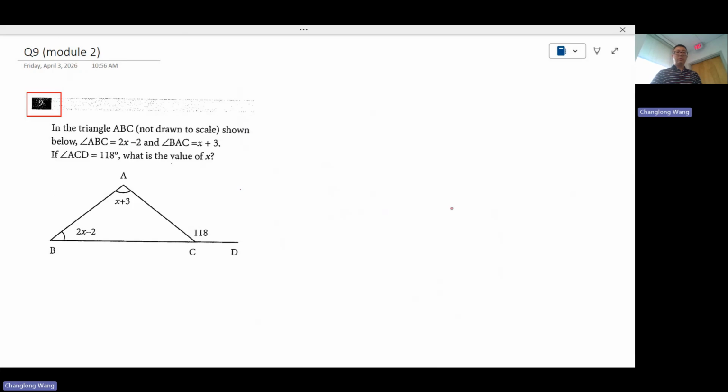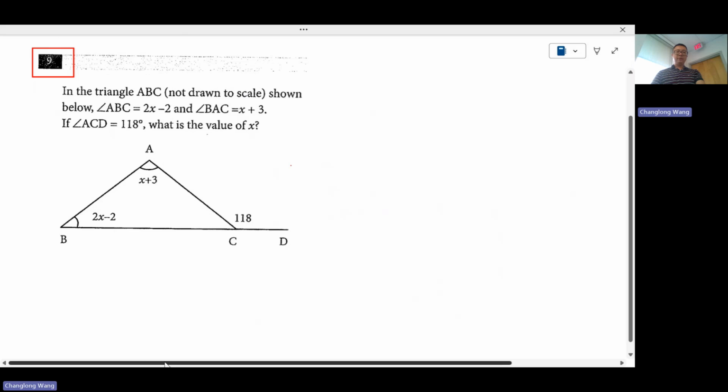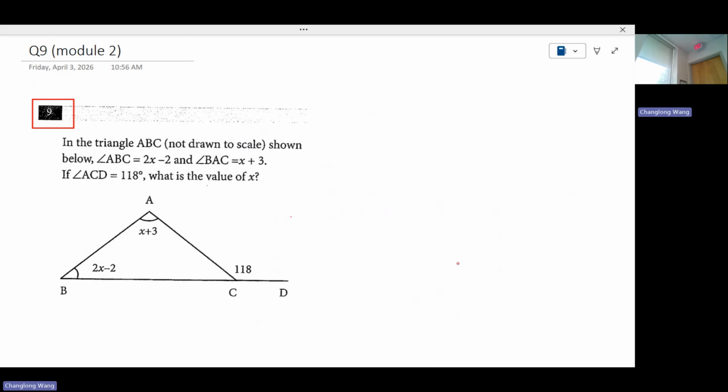Okay, let's see. Now this one, I don't feel like you guys have to do this algebra to figure out what x is, but I do want you to either look up or hopefully recall from geometry what that conclusion or theorem is called when it comes to an exterior angle.